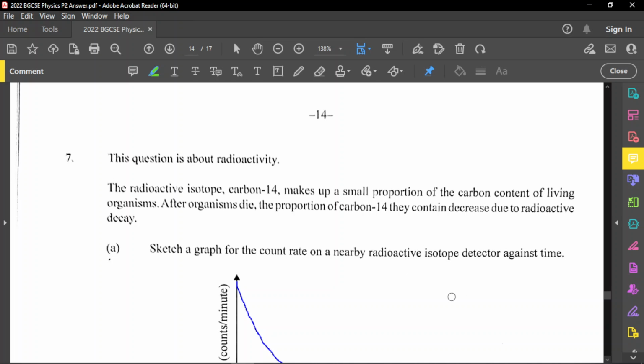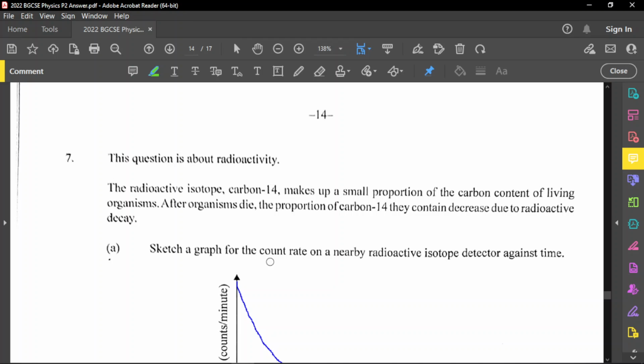Next question is about radioactivity. The radioactive isotope carbon-14 makes up a small proportion of the carbon content of living organisms. After organisms die, the proportion of carbon-14 they contain decreases due to radioactive decay.